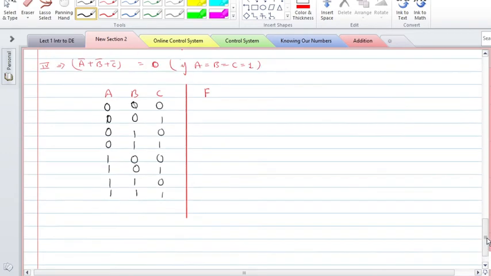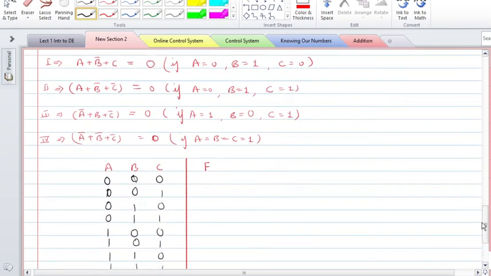Okay, so the output will be 0 for this combination, that is if A is equal to 0, B is 1 and C is 0. Second, the output will be 0 for A 0 and B equal to C equal to 1. That is for this combination.